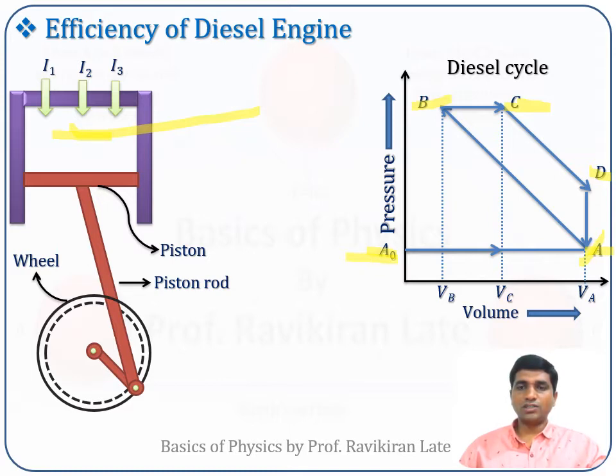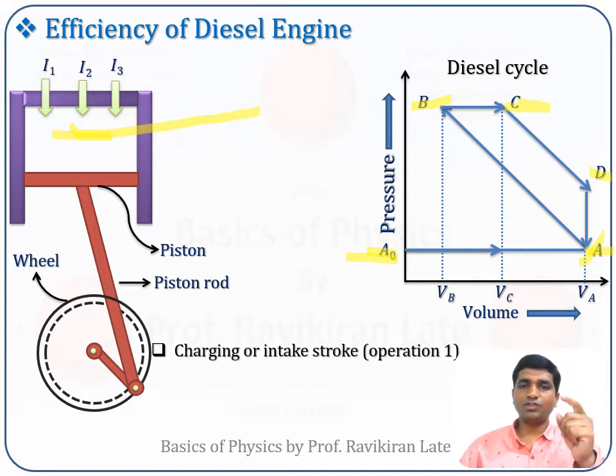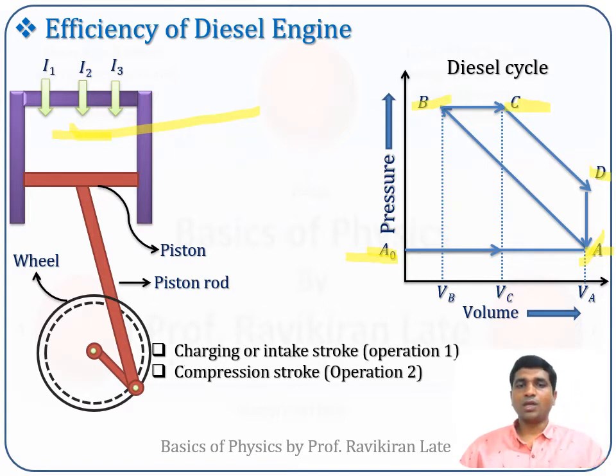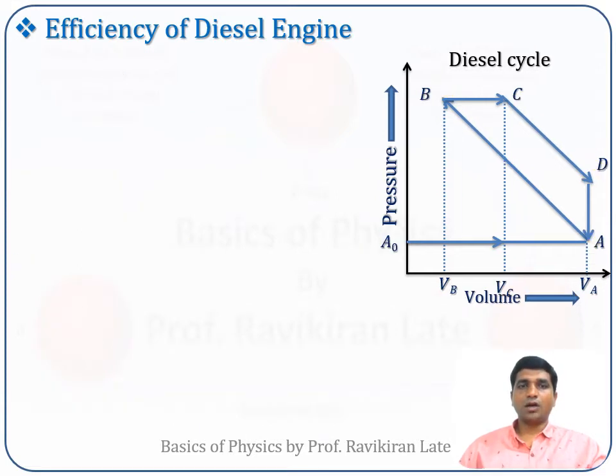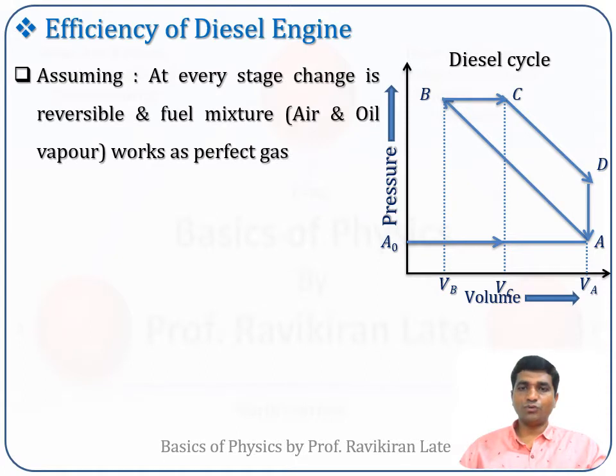So these are a total of 6 operations which are divided into the 4 strokes of an engine, which are nothing but the charging stroke, compression stroke, working stroke and exhaust stroke. Now we will go ahead with the derivation of the efficiency of a diesel engine. In order to derive an expression for the efficiency of a diesel engine, we will be assuming a few things.